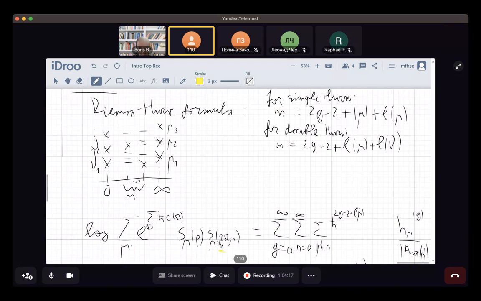It gives us h bar to the power minus size of mu. Because what is S_mu of 1, 0, 0, 0? What happens once you plug 1 over h bar in place of q1?